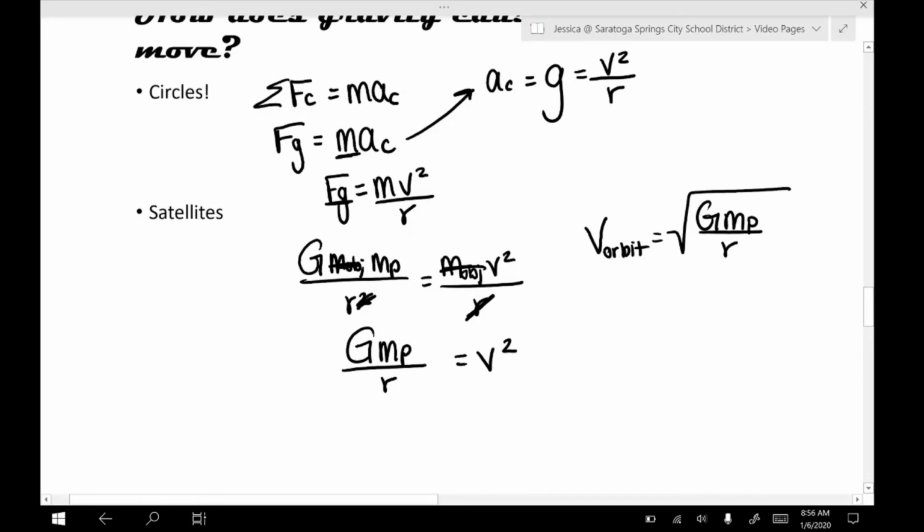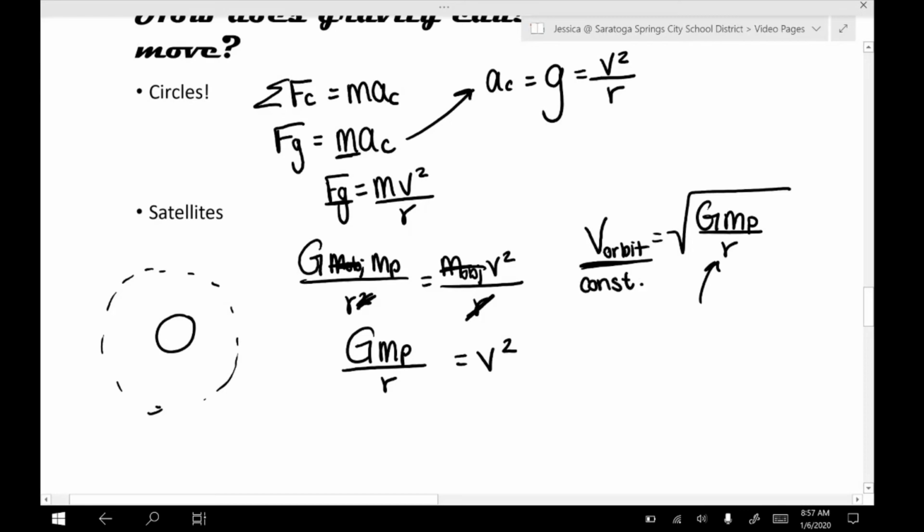So this is actually what NASA engineers do. They figure out where they want their satellite to be using r, and that allows them to figure out how fast the satellite needs to be moving in orbit so that it has a stationary orbit. Okay? Now remember, satellites orbit the Earth in nice circular patterns at constant velocity.